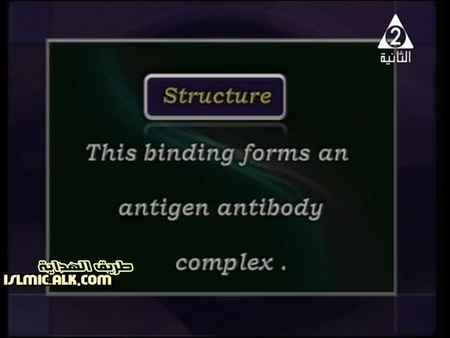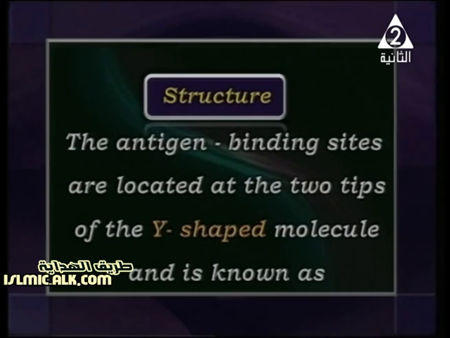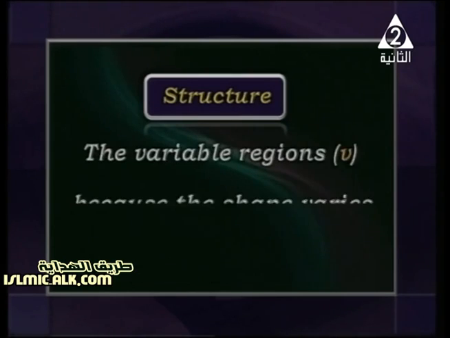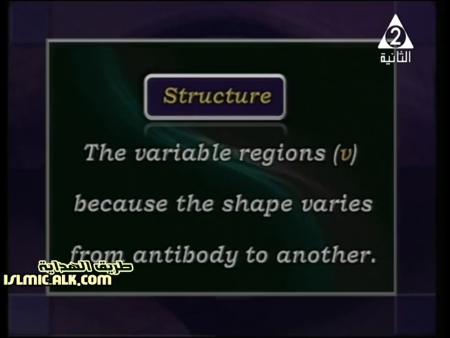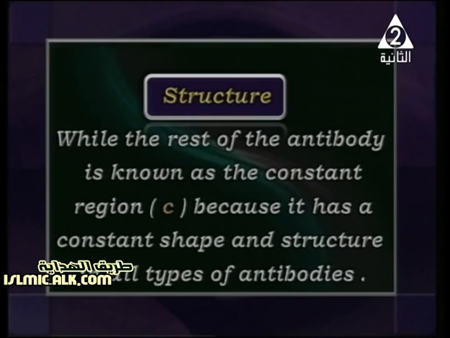The antigen binding sites are located at the two tips of the Y-shaped molecule, and they are known as the variable region, or V, because the shape varies from one antibody to another. So it doesn't have a fixed shape. The remainder of the antibody is known as the constant region.